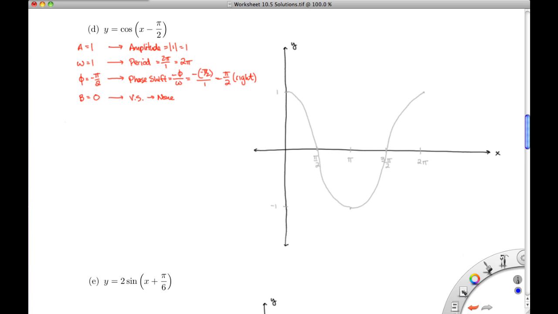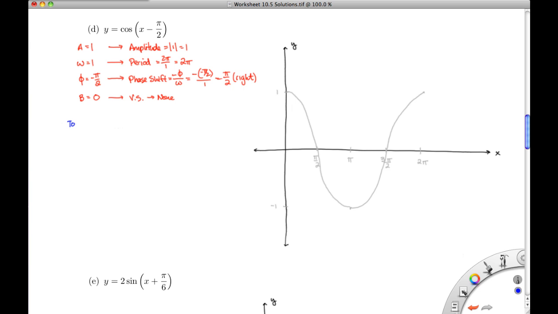So to shift our curve, what we're going to do is we're going to want to take all of these points here, and since we want to go to the right, we're going to add pi over 2 to all of our key points.